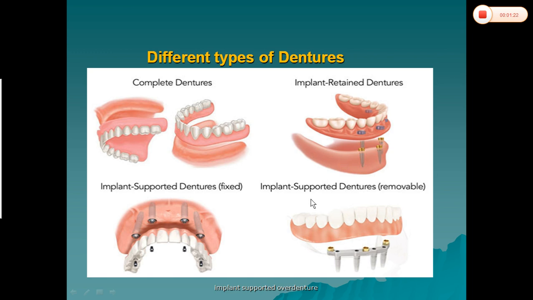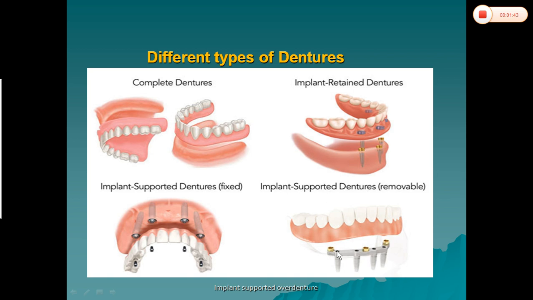Whereas in implant supported dentures, after placing implants, a bar attachment will be placed and the denture, once it is seated, will be screwed in its position. Once the patient wants to remove it, the screws will be removed and it will be taken off.